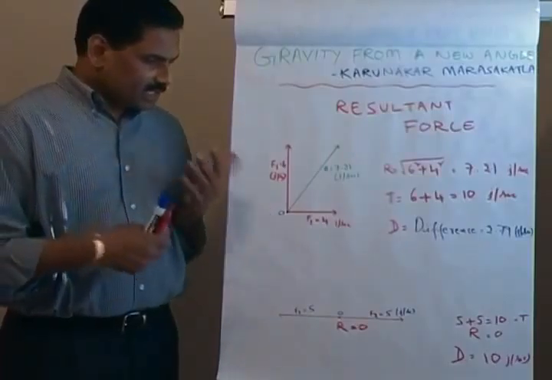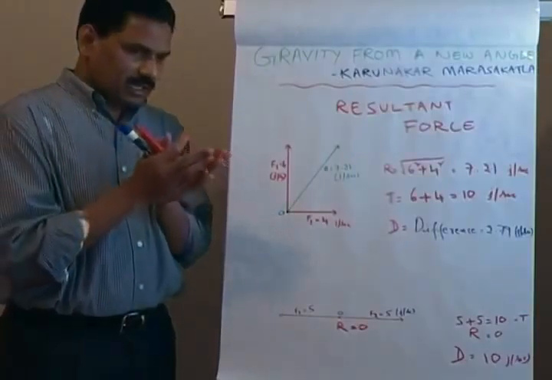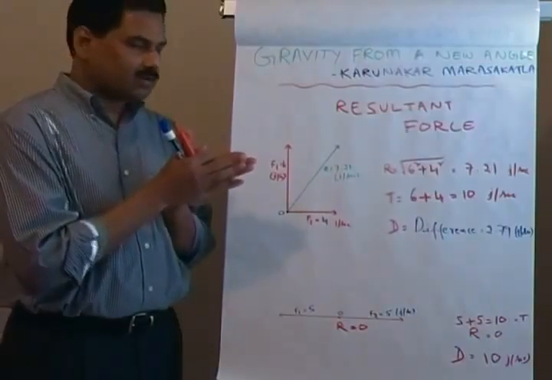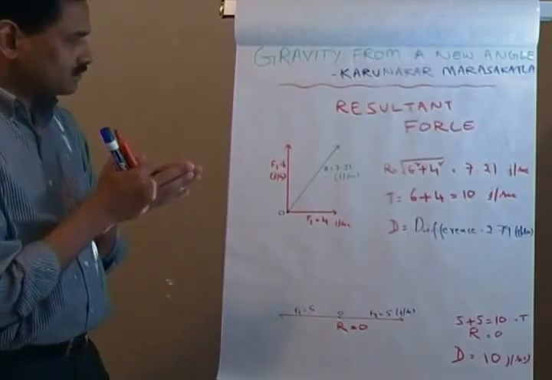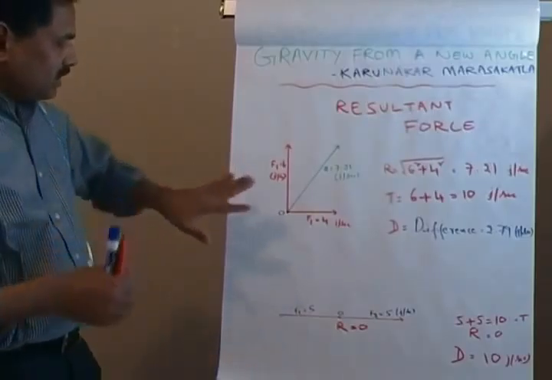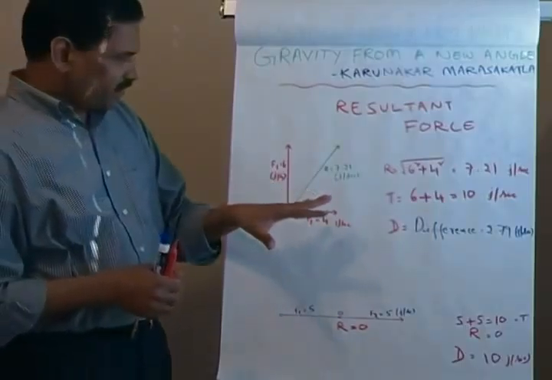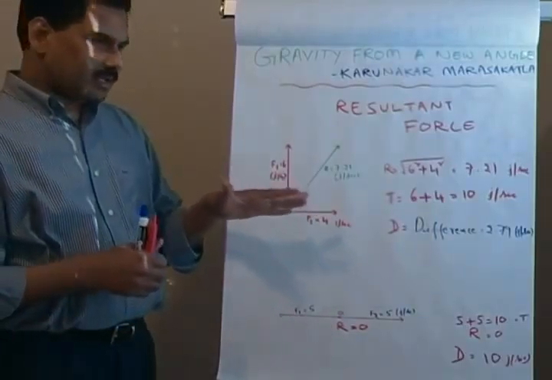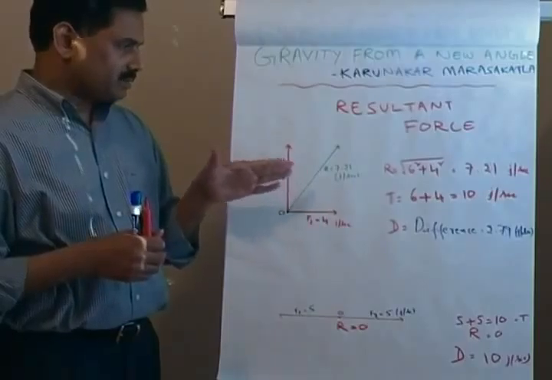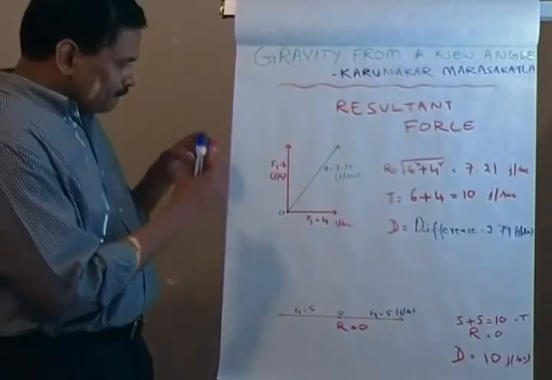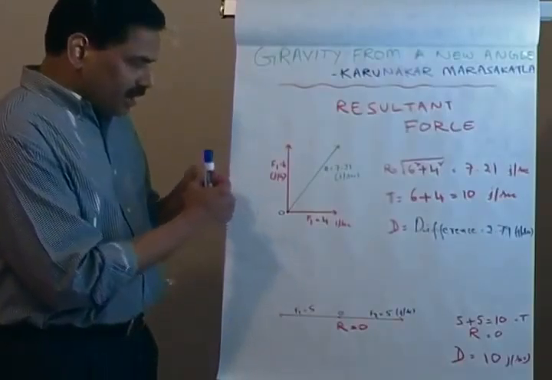So what exactly is happening to the difference energy, the 2.79 joules per second? The differential energy, the difference between the resultant force and the total force, actually pulls the object apart.